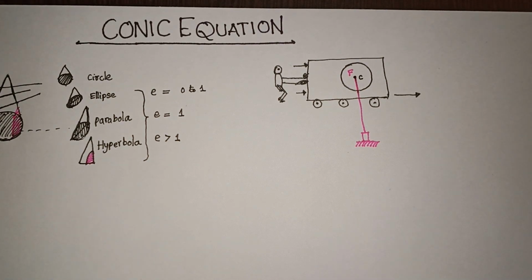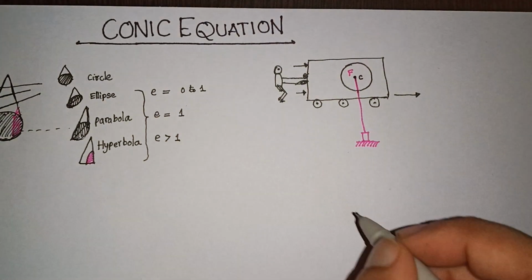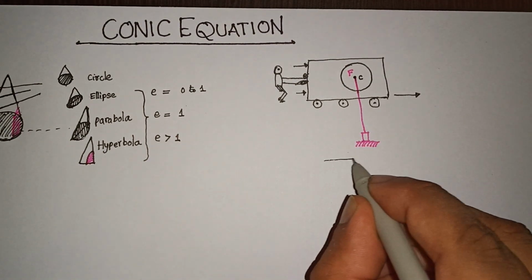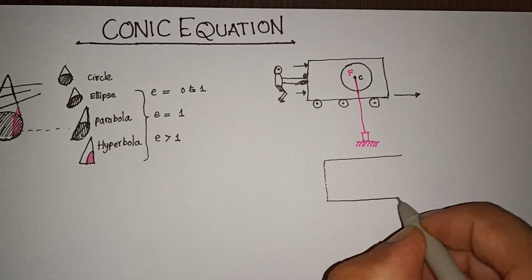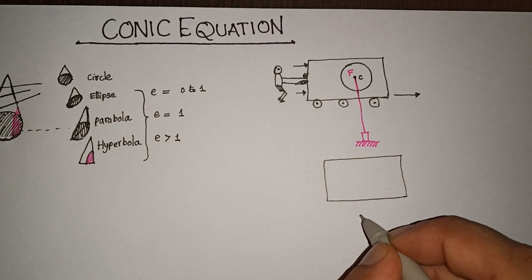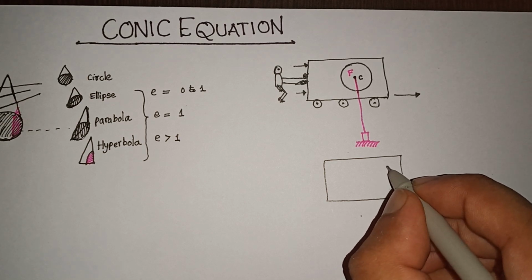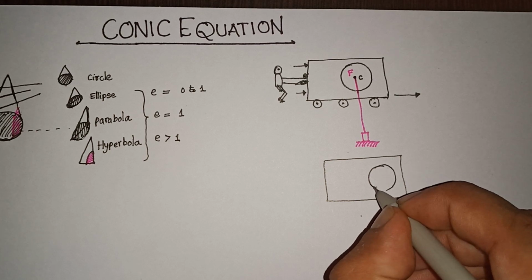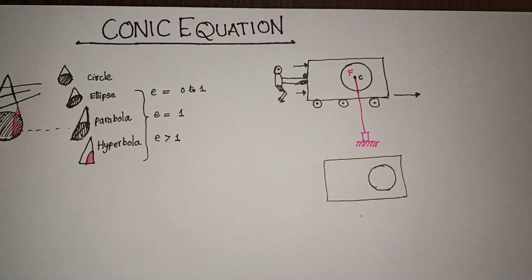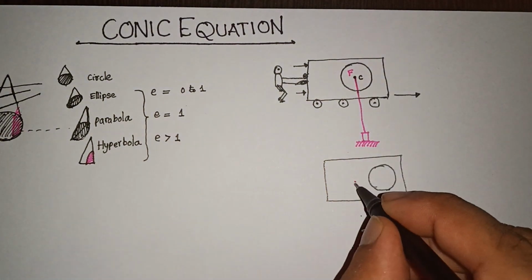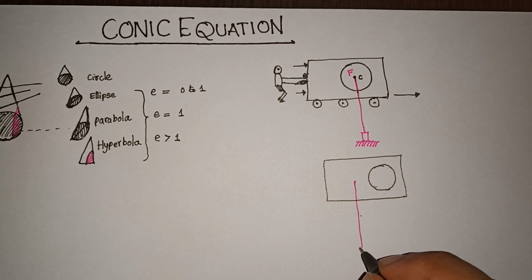Now let's say we have the board here. Now this might have gone somewhere here, so I'll draw it here. So this is my board, and this time your focus is going to be here, which is a fixed one.